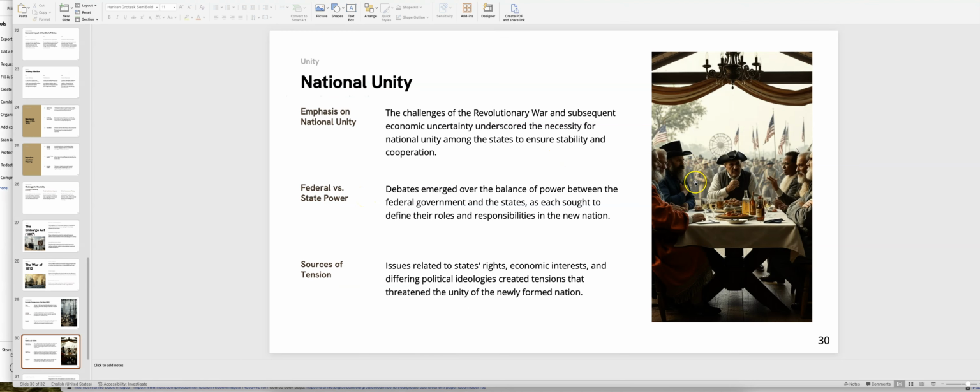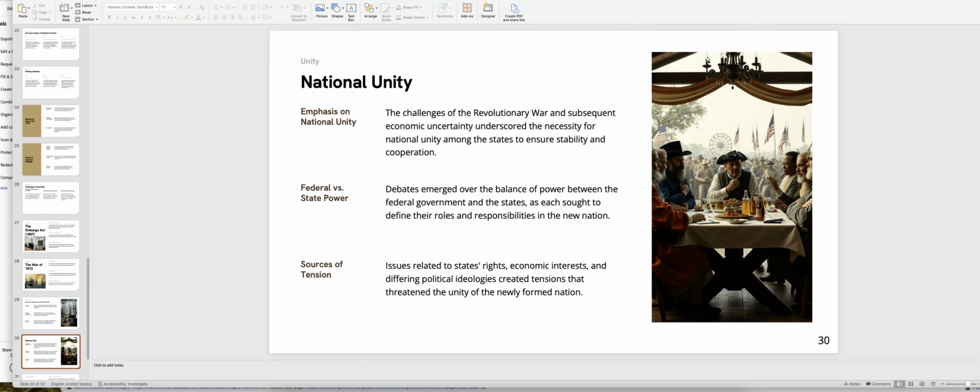This picture is inaccurate. How do I know that it's inaccurate? Well, a lot of reasons. I'm guessing this is an AI image of Benjamin Franklin, who probably would not be eating with someone who is African American. I'm sure there were social mores that would have been opposed to that. But the bigger reason, there's two things that are inaccurate about this picture. One, there wouldn't be light bulbs, which appear right here.